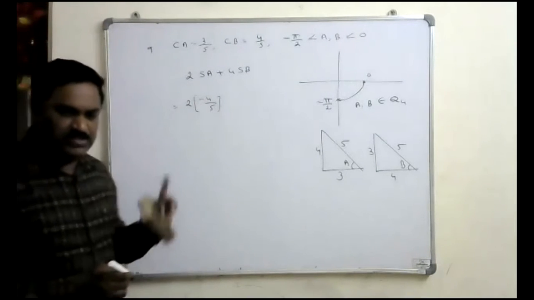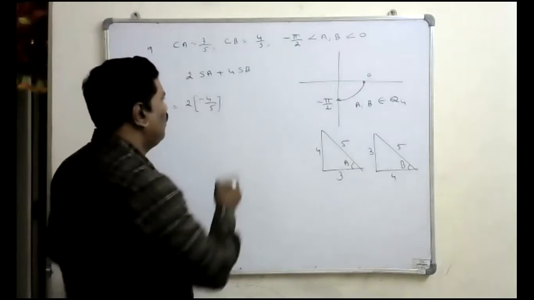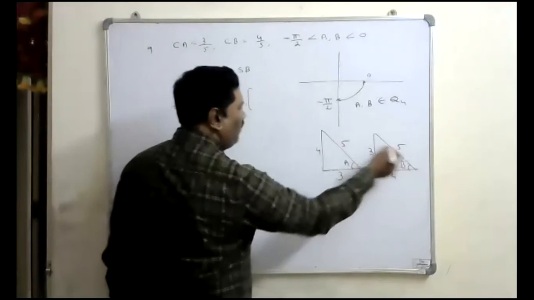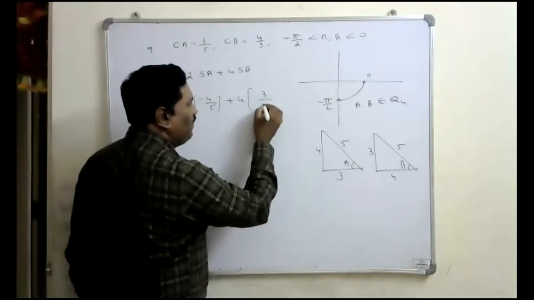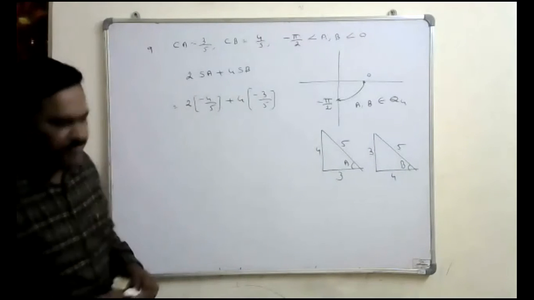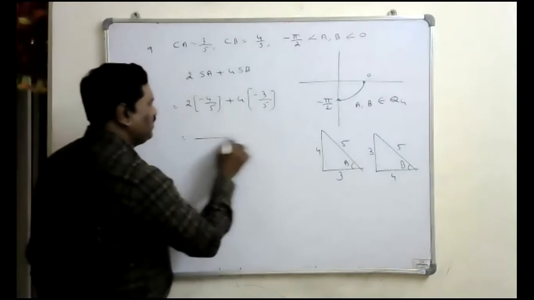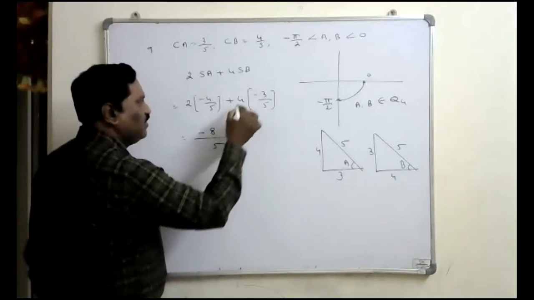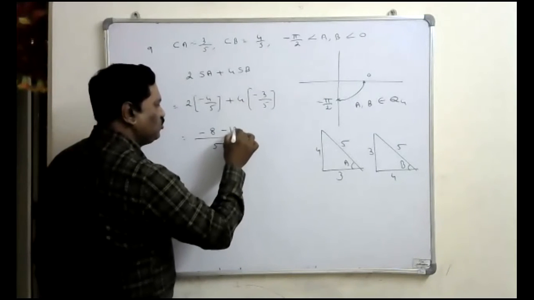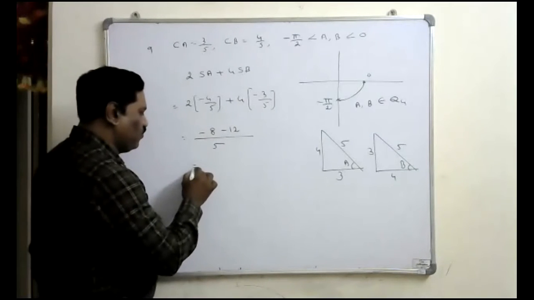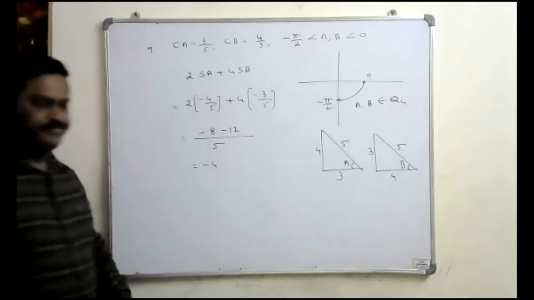So sin A is minus 4 by 5, plus 4 times sin B, which is 3 by 5, and angle B is in the fourth quadrant, sine is negative, so we take the minus sign for it. So the LCM is 5: 2 into minus 4 is minus 8, 4 into minus 3 is minus 12. So this is minus 20 by 5, which is minus 4. This is the answer.